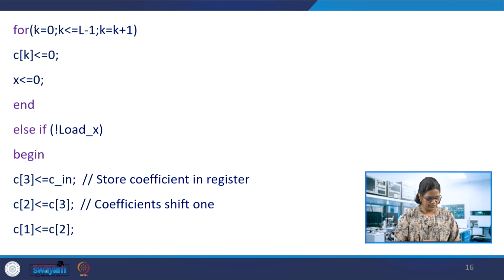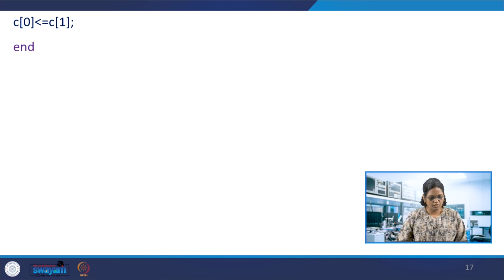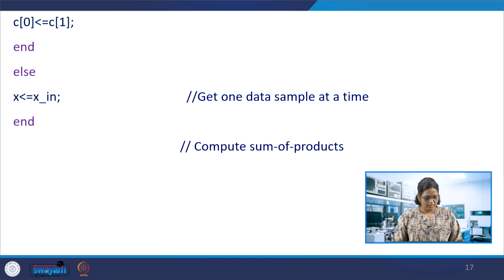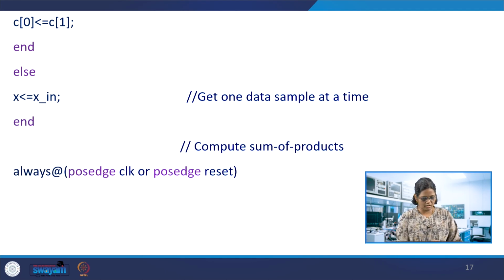So this is the case of loading the coefficients in that array of C. And then else, after loading, we give the x into x, so one sample at a time of xn. So xn will be data samples, which we need to take one by one here and load into x. Xn is the input which is given to x, structure end, and then compute the products always at passage of the clock or passage of the reset.